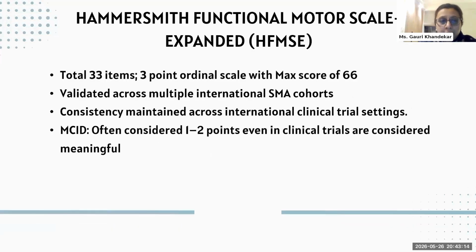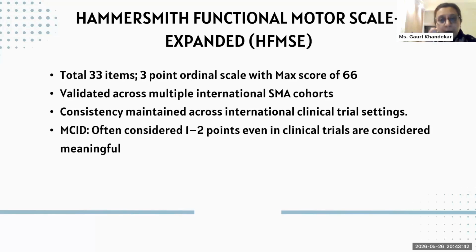And there is the expanded version of this. Sorry, it has a total of 33 items, on a 3-point scale, with a maximum score of 66. So in the expanded form, the items go from half kneeling maintenance, then jumping, then going up and down the stairs with support and without support.